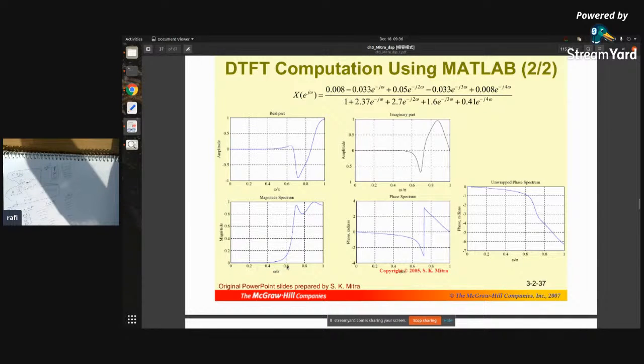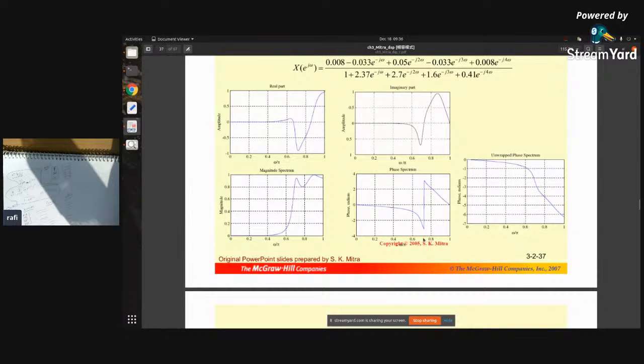From 0 to about 0.6 pi it is not allowing anything, after 0.6 pi it is allowing, so the cutoff may be somewhere around 0.7 pi. This is the corresponding phase. It is not linear phase; here it is close to linear, but here it is not so linear.